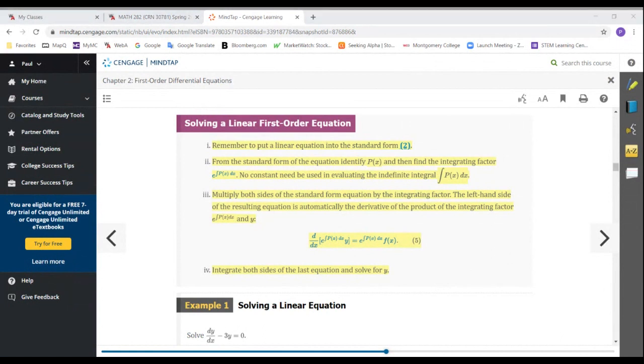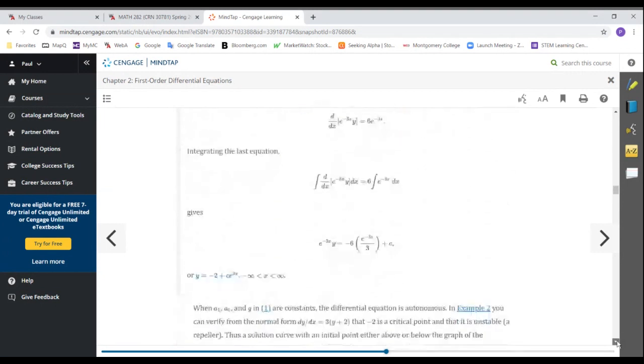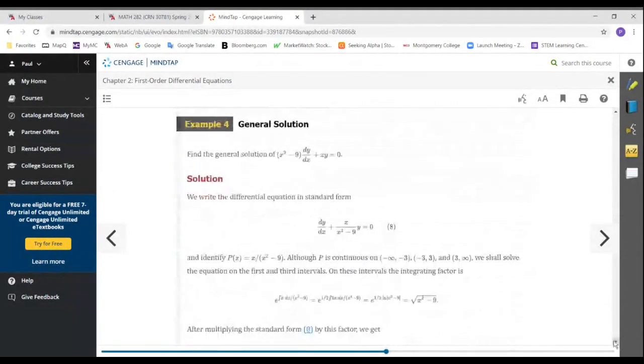The book has a lot of nice examples. We actually did the 3rd example from the book. I want to look at example 4. Find the general solution for this differential equation.